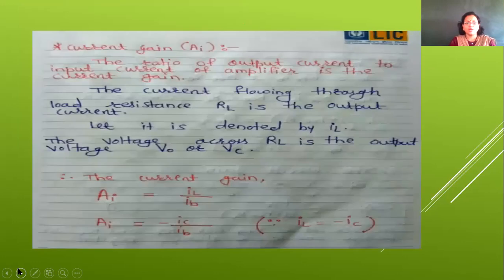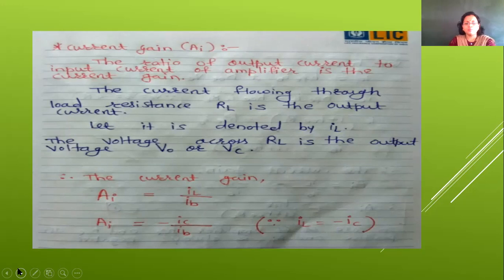First of all, we have to calculate the current gain. The ratio of output current to the input current of the amplifier is the current gain. The current flowing through the load resistance RL is the output current, denoted by IL. The voltage across RL is the output voltage, that is VO or VC.